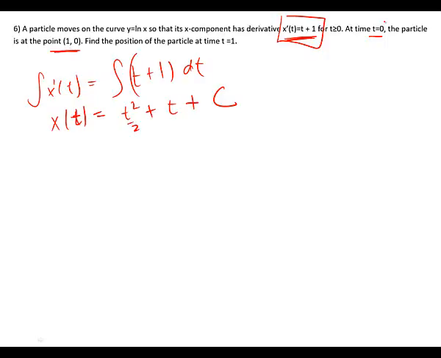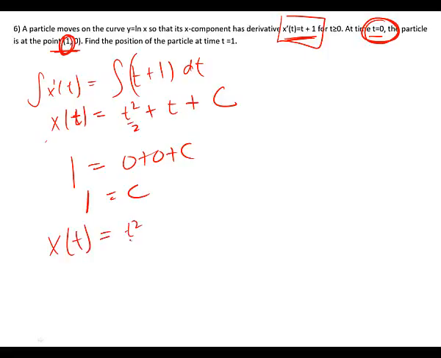That's how I'm going to solve for C. So at time t equals 0, my x value is what? 1. So for this x value, I'm going to put in 1. For my t's, I'm going to put in 0. So what's C equal to? 1.